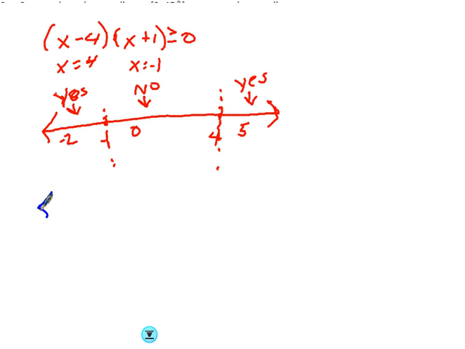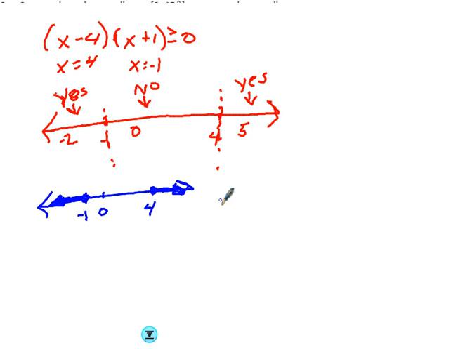On a number line, if you were to graph that, you would throw in a negative 1, you would throw in a positive 4, and you might want to put 0 as an indicator. Closed circles on negative 1 and positive 4 because it can be equal to, and we would shade in opposite directions like that and like that.